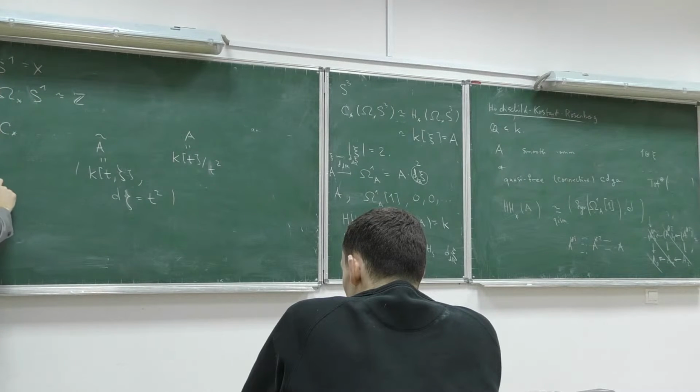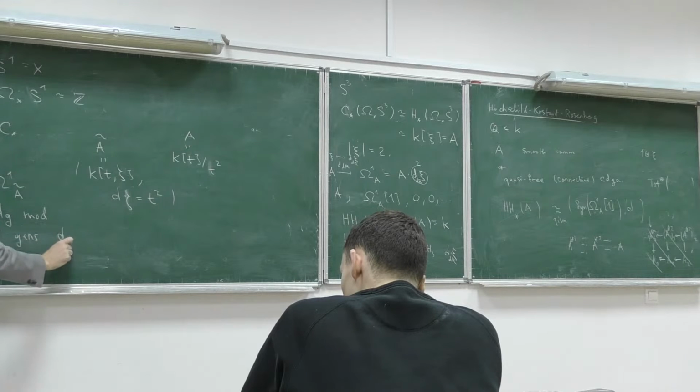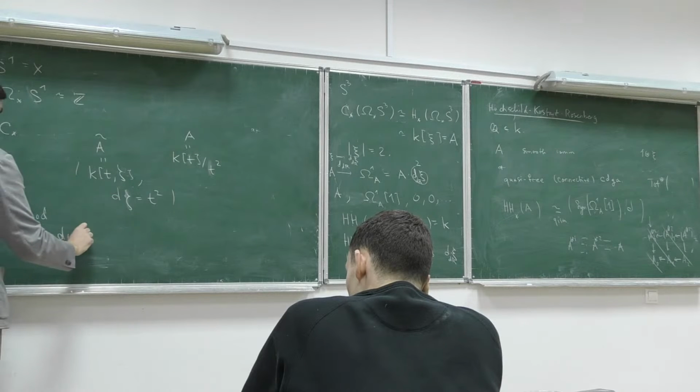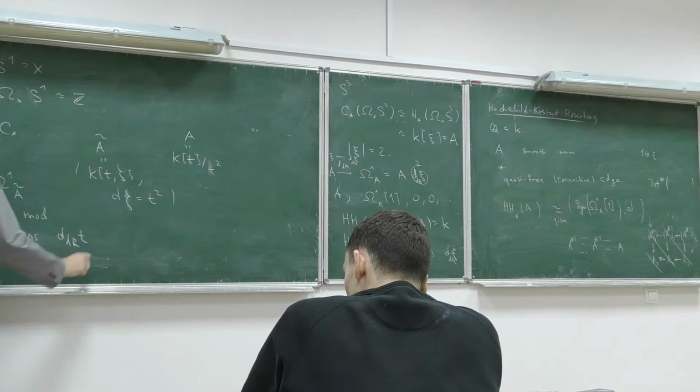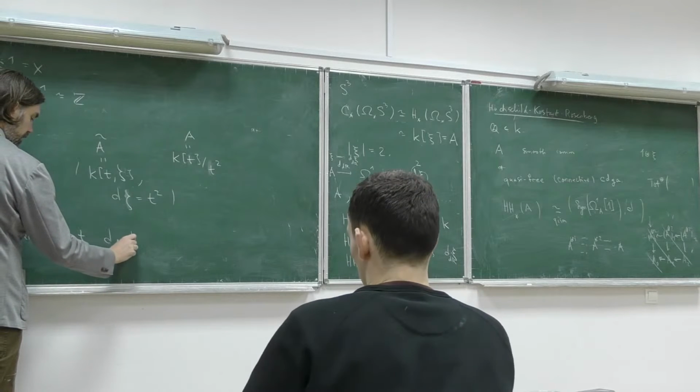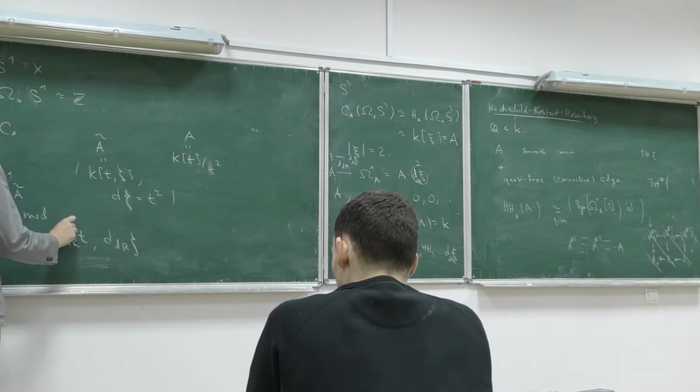And then the Kähler differentials now. This is a DG module with generators d de Rham t and d de Rham zeta. This one has degree 0.